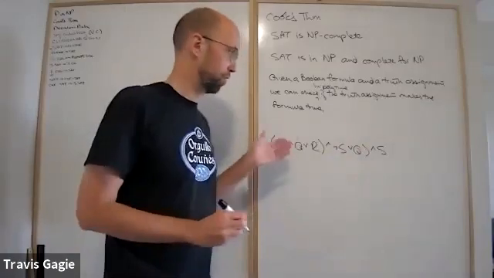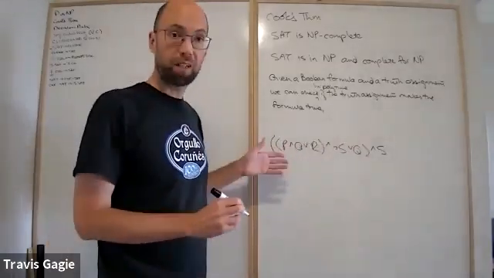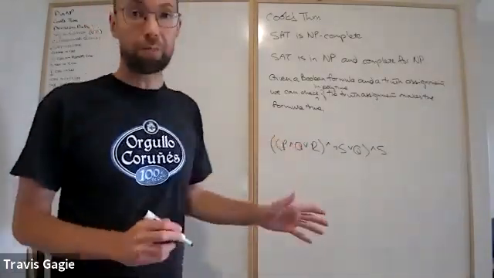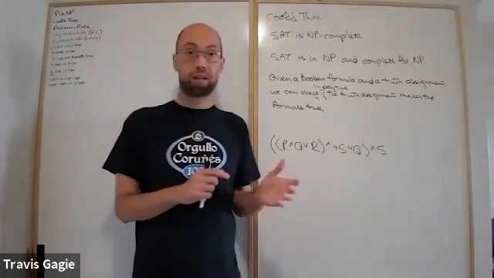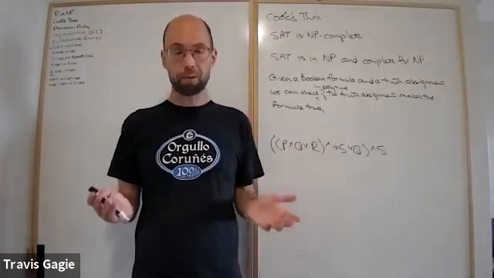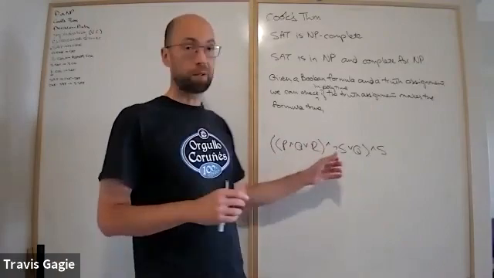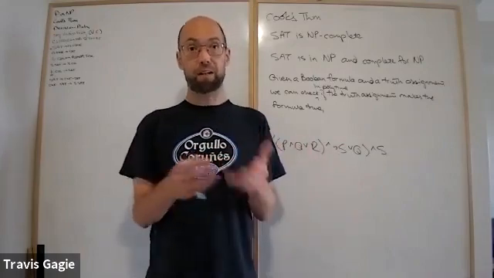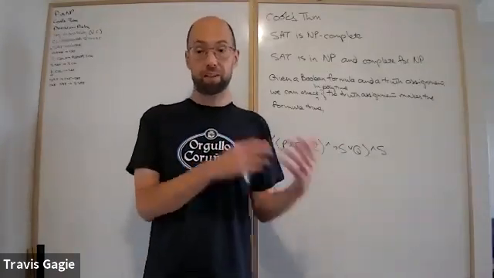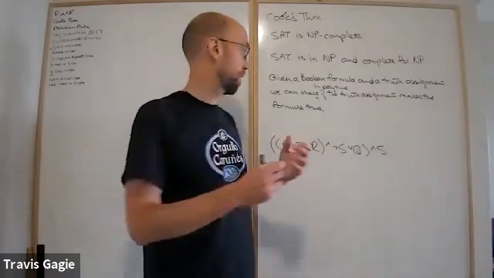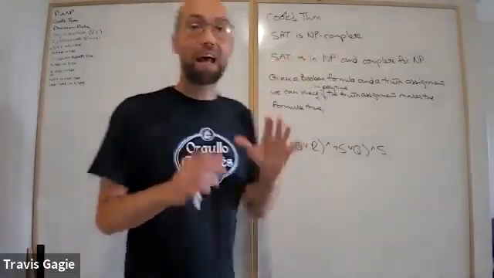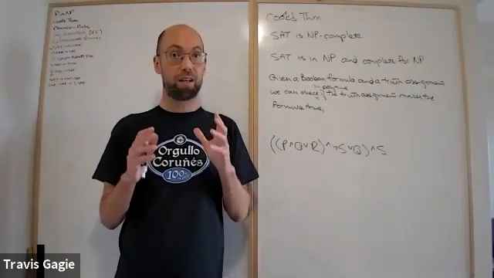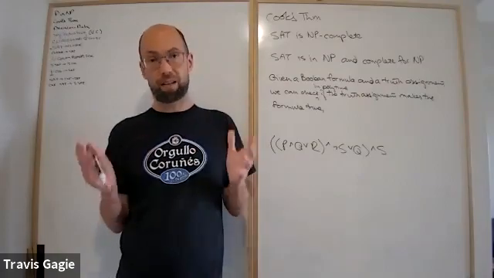I don't know if this is satisfiable or not. But if somebody gives us a formula like this, and gives us a truth assignment, we can check if the truth assignment makes the formula true in polynomial time. So if somebody says this formula is satisfiable, here is a satisfying truth assignment, we can check if it really is a satisfying truth assignment in polynomial time. So that means it's in NP. NP is the class of problems for which we can check a solution in polynomial time on a standard computer.